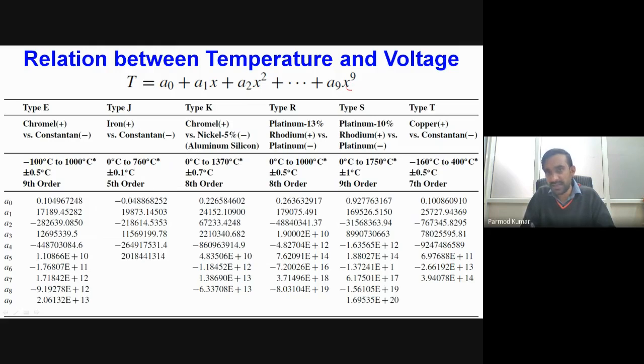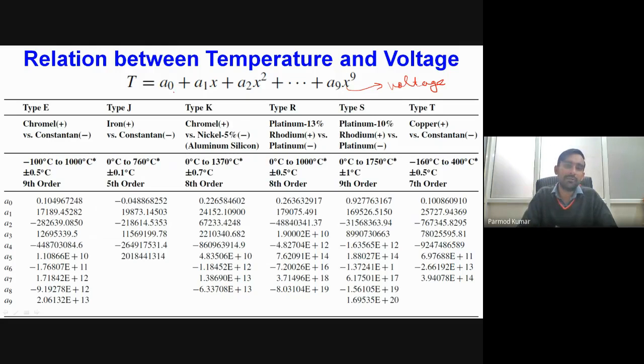Here x represents the value of the voltage we get for some temperature, a2, a1 and so on are the coefficients, and this generalized polynomial I have shown here is a ninth order polynomial.